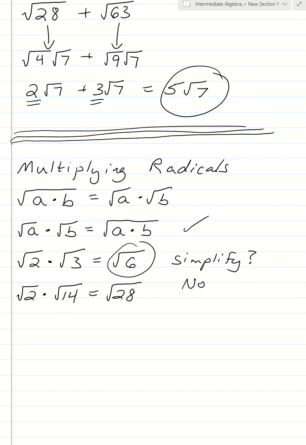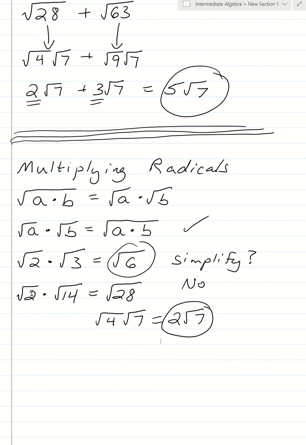And the answer is yes. We know we can simplify the square root of 28. We're going to break that up into the square root of 4 times the square root of 7. And since the square root of 4 is the nice perfect square number 2, 2 square root of 7 would be our final answer there.